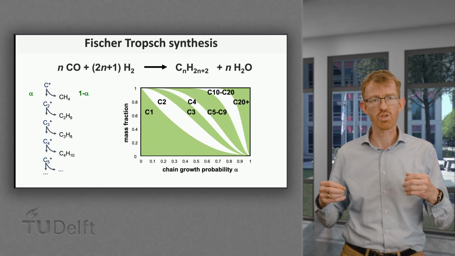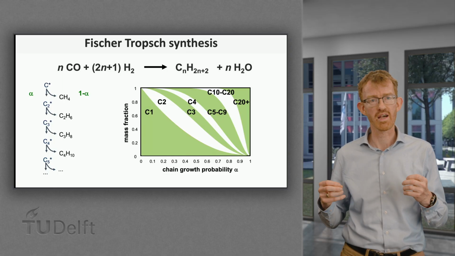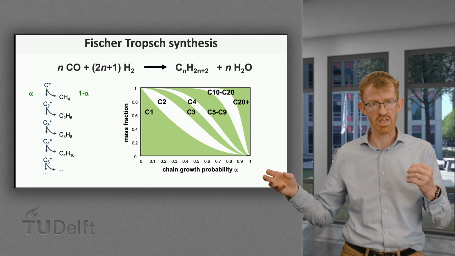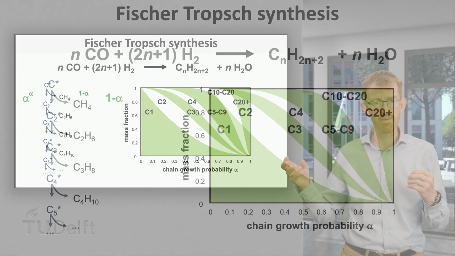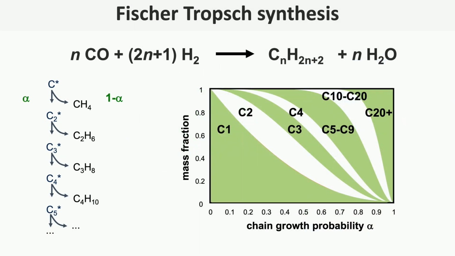These large molecules are not formed in one go, but via several intermediate steps. In every step, there is a chance that the reaction stops and a relatively small molecule is released. This chance is determined by the chain growth probability called alpha, which can be tuned by several factors, but the temperature is an important one.